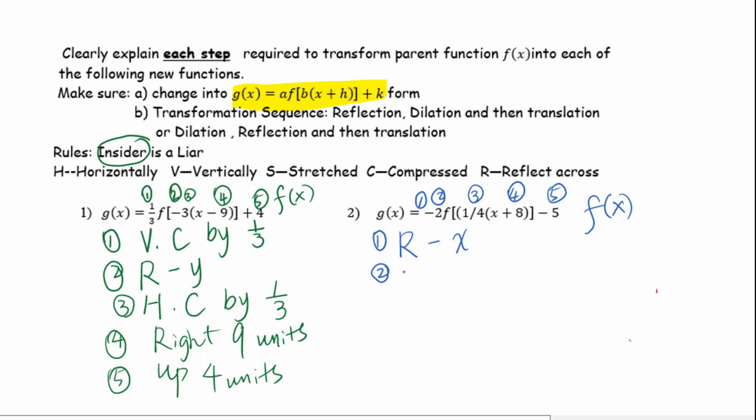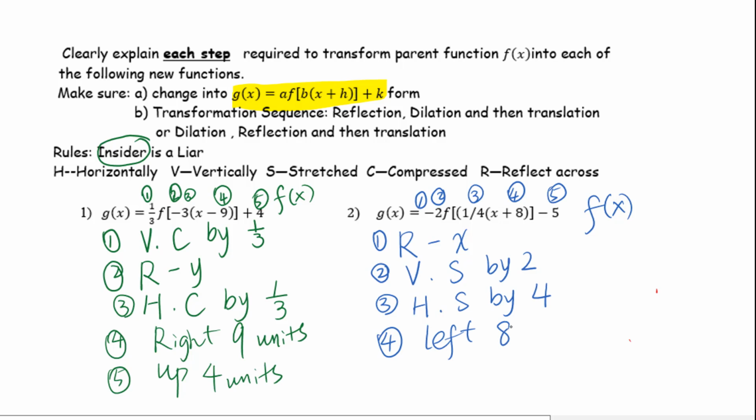Second step, vertically stretched by a factor of 2. Third step, since 1/4 is related to the x, horizontally, remember inside is a layer, stretched by a factor of 4. For the fourth step, translate to the left 8 units. For step 5, translate down 5 units.